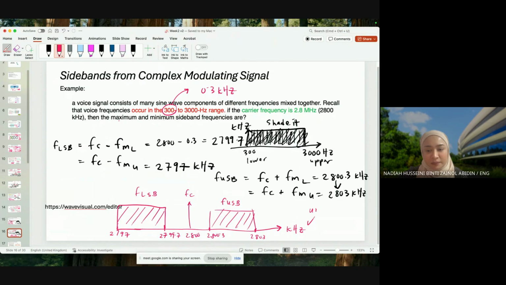The upper sideband is 2800.3 to 2803, a range, not subtraction. And then the lower sideband is 2797 to 2799.7. If they ask you to draw, then draw.